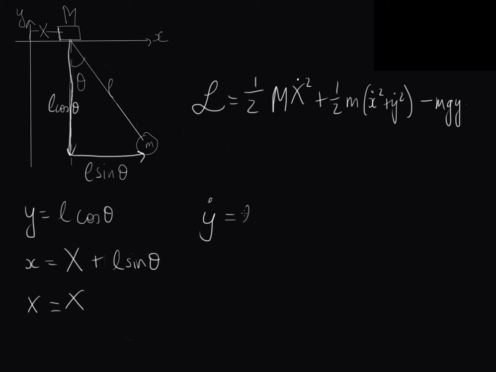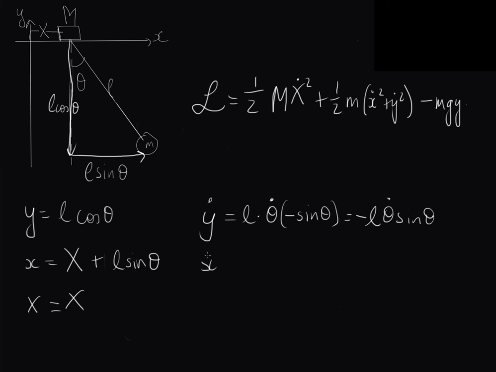So we end up with L times theta dot, the derivative of the bit in the trig function, times cos theta becomes negative sine theta. So y dot becomes negative L theta dot sine theta.